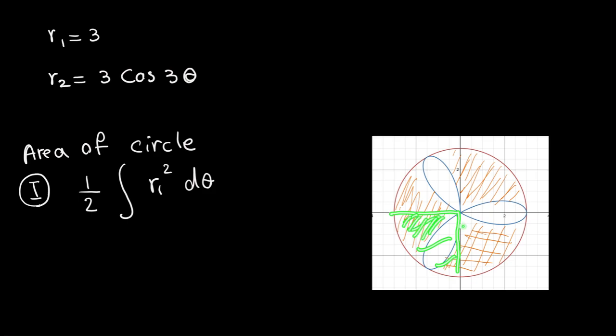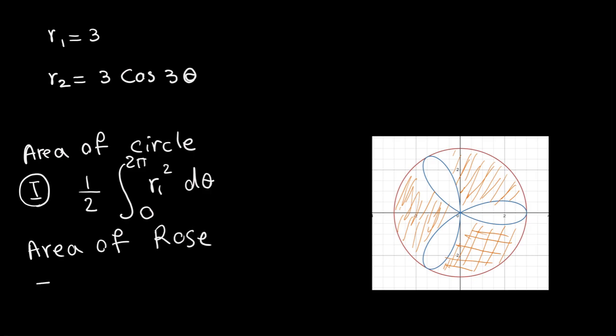And then we calculate the area of the rose. Let's call it 2. So it's 1/2 integral again from 0 to 2 pi of r2 square d theta.